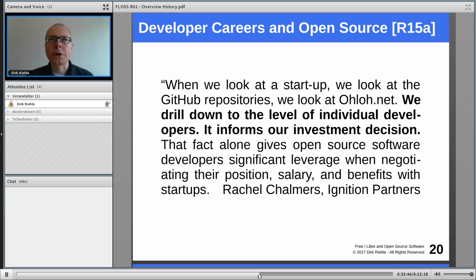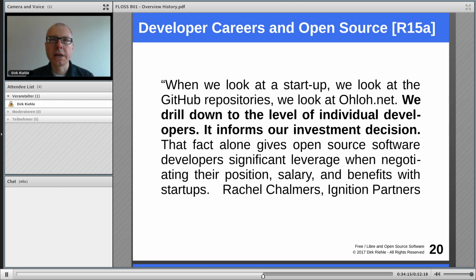In addition to all this economic progress, we can also look at what it means for software developers to engage with open source projects. Here is a quote from one such study we performed, where we talked to venture capitalists and asked how they evaluate startups.